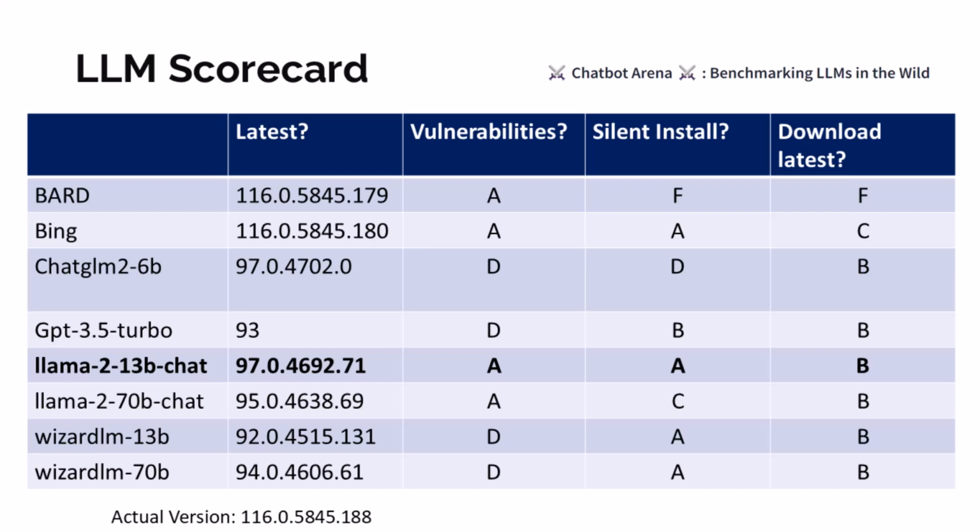And then at the end, I would rate which one I thought was better, and it would then disclose to me which large language model was used. And surprisingly, apart from the version information, which Bing was the clear winner on, Llama 2 from Meta, its open source large language model, did an excellent job telling me about the vulnerabilities, the silent install details, and even how to go about downloading the latest version.